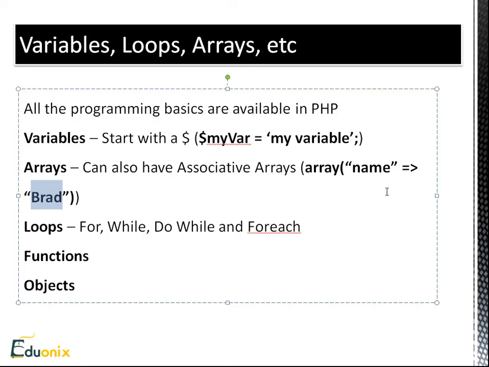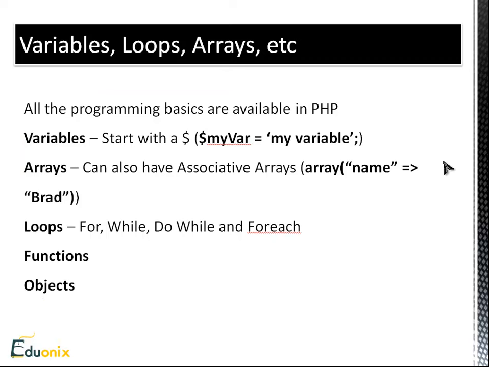In PHP, they're called associative arrays. Loops, we have for, while, do while, and foreach, which is used for arrays. Like in JavaScript, we use a for; in PHP, we use a foreach. Functions, objects, we can do all that stuff in PHP, and we will be doing all that in this chapter.